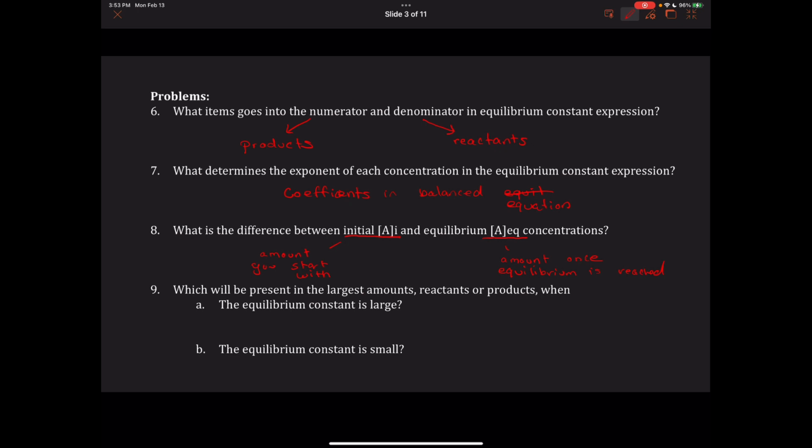And if my bottom number is my smaller number, my reactants, that means that my products will be present in the greater amount if I have a large K value. If that value is small, that usually means I'm dividing by a larger amount, so that would mean that my reactants are present in greater amounts.